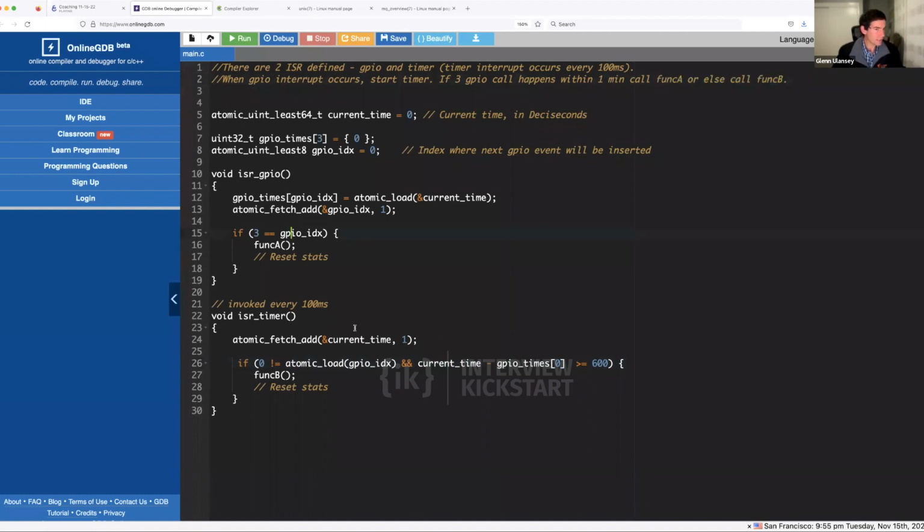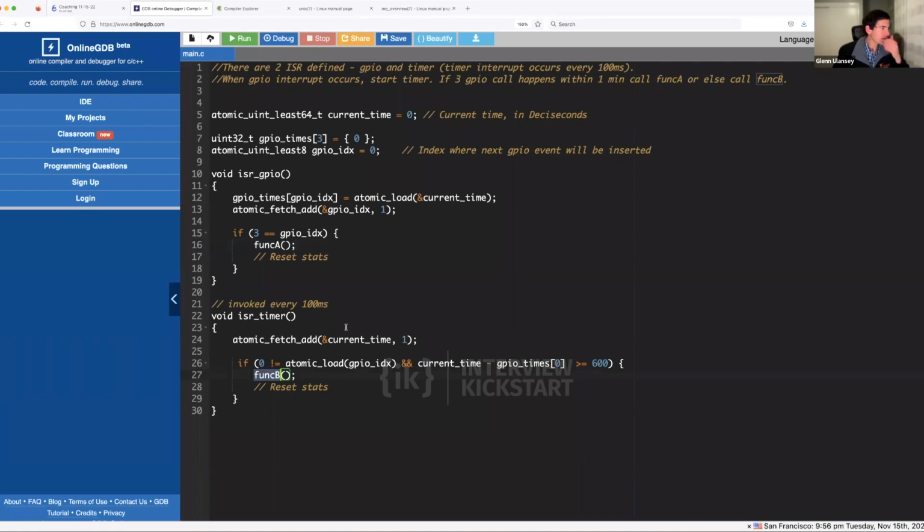And in this code, as it is right now, there's an edge case where, once again, if we assume that two interrupt routines can occur simultaneously, and nothing in the prompt says that these two interrupts can't occur simultaneously, then it would be plausible for this condition to pass and call func B prior to resetting the stats, such that this condition then is reached and we call func A before resetting the stats.